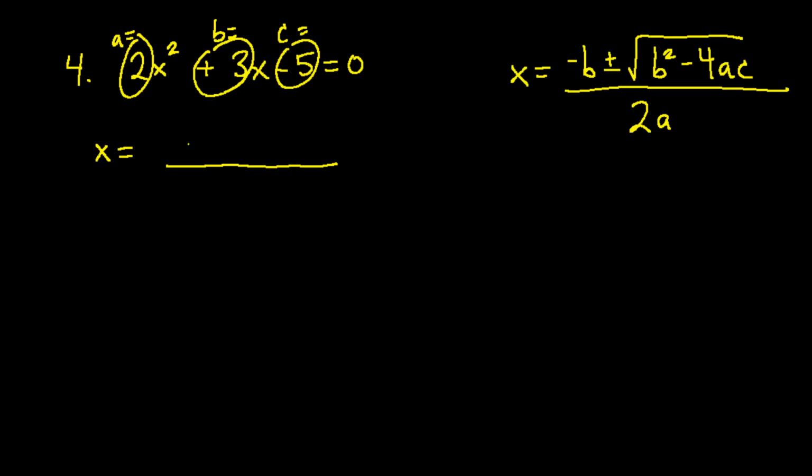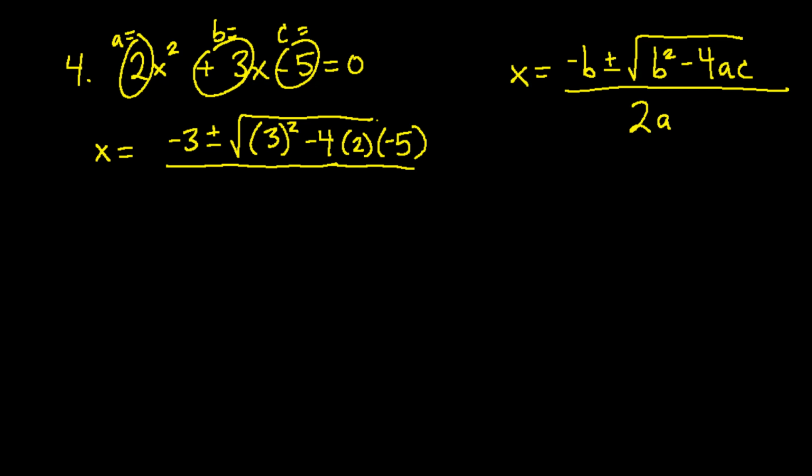If b is 3, then negative b is negative 3, plus or minus the square root of b squared, which is 3 squared. The formula says minus 4 times a and times c. A is 2, c is negative 5. And the denominator is always 2 times a, and our a value is also 2.